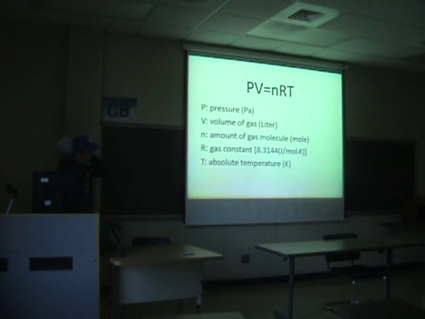We say zero Kelvin is negative 273.15 degrees Celsius. In our life, room temperature is about 25 degrees Celsius, which is almost 300 Kelvin.